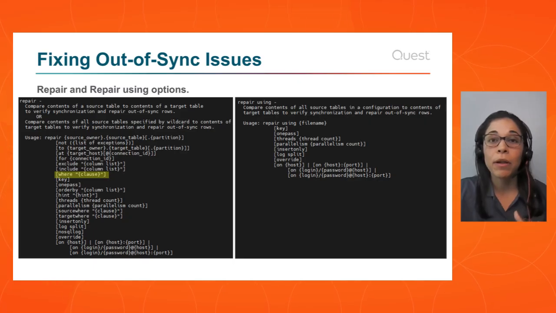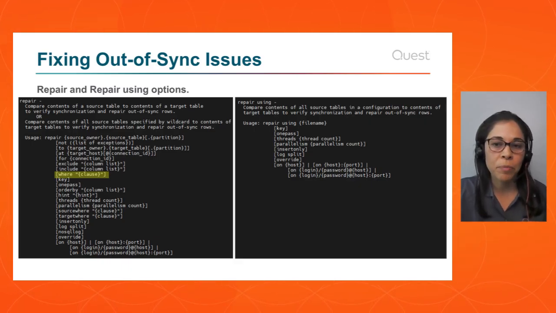Maybe you can repair only the rows that are from, say, 10 or 15 days ago, using these columns. Only those rows that are filtered are going to be repaired. Use any column or columns in a table, and this is going to help you create a where clause and repair only those specific rows.